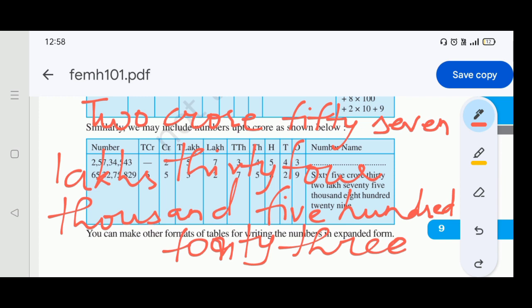I am reading it: 2 crore 57 lakhs 34,543. This is the number name for this number.